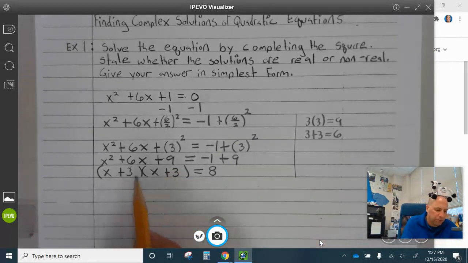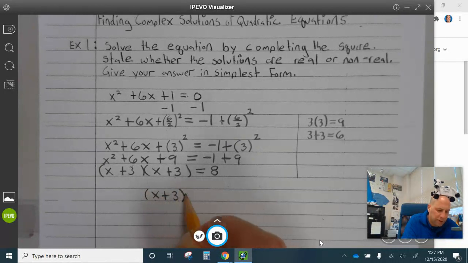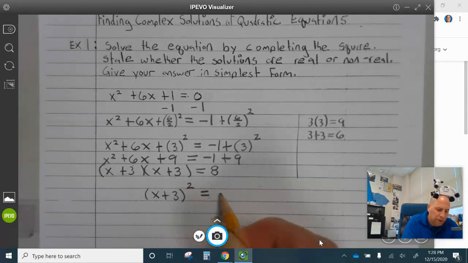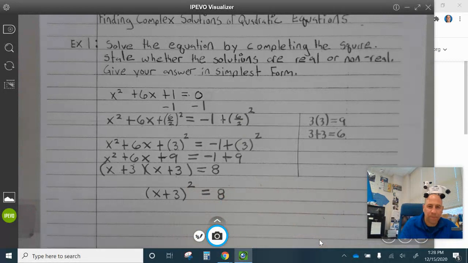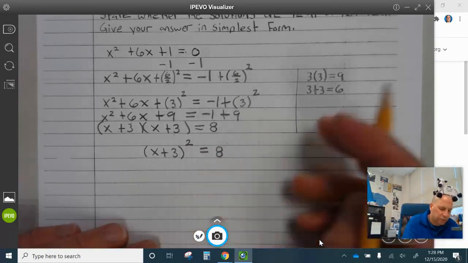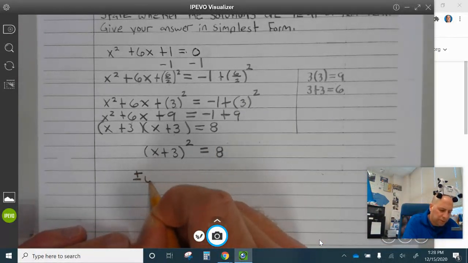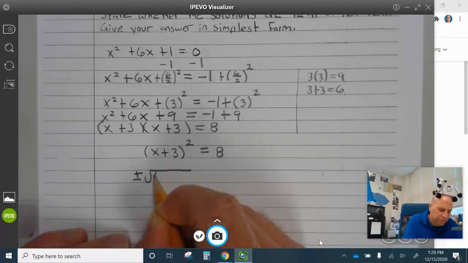Well, x plus 3 times x plus 3 is x plus 3 squared equals 8. All right, now we're going to take the plus or minus square root of both sides.